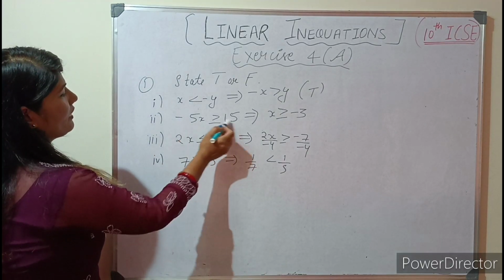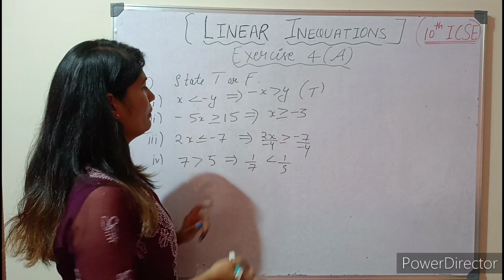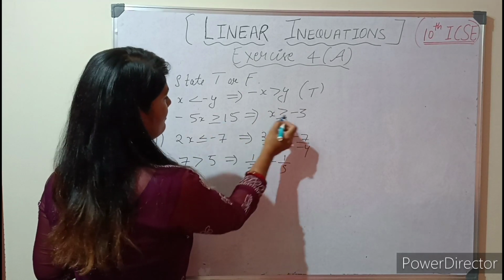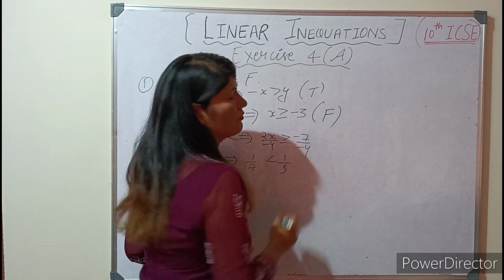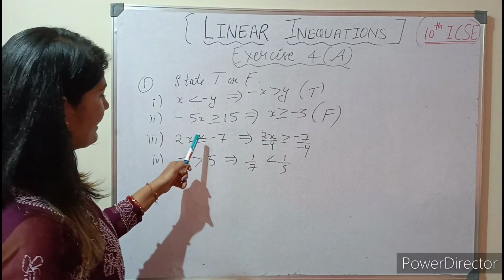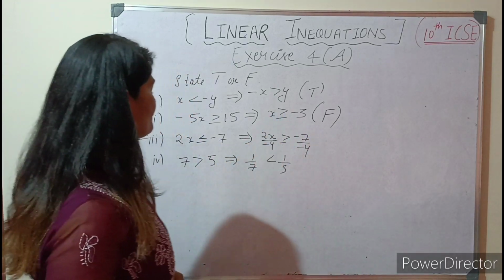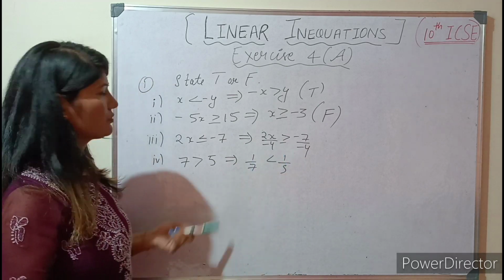Whenever you divide by a negative number, the sign will change, but here you can see both the signs are the same as usual. So it means it is false. Now moving to the third part, again in this case you see the result. It means they are dividing by minus 4 on both the sides. So it's very easy.